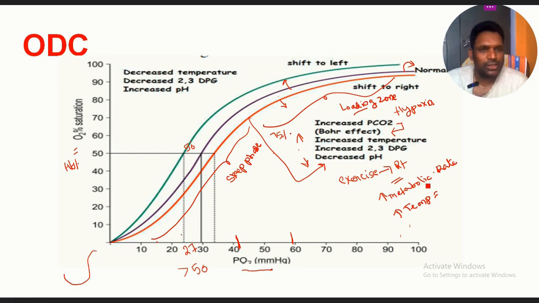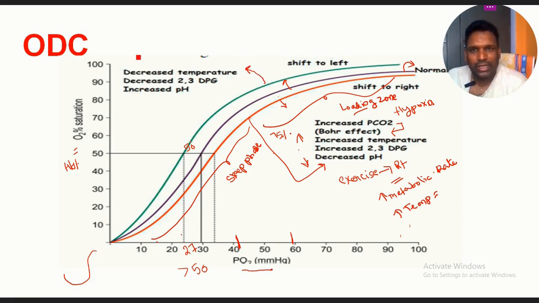One more factor: during exercise, the curve also shifts towards right. During exercise, the metabolic rate increases, then the temperature in the muscle increases.